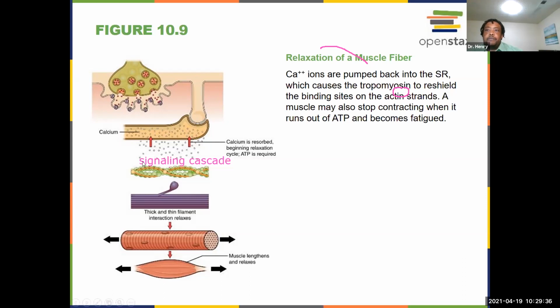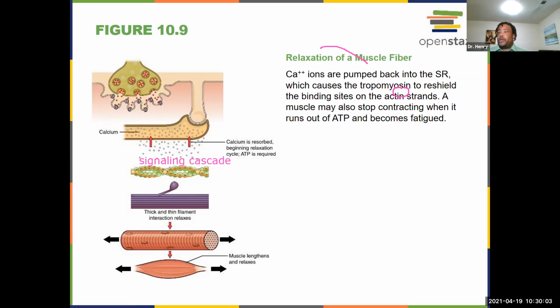So then calcium is no longer able to bind to it. You're not going to have any ATP. You've already run out of ATP, so you're no longer getting contraction. And then in this case, you kind of become fatigued. So as a result, no ATP, no binding of your myosin to your actin chains. And so your muscle starts to relax.